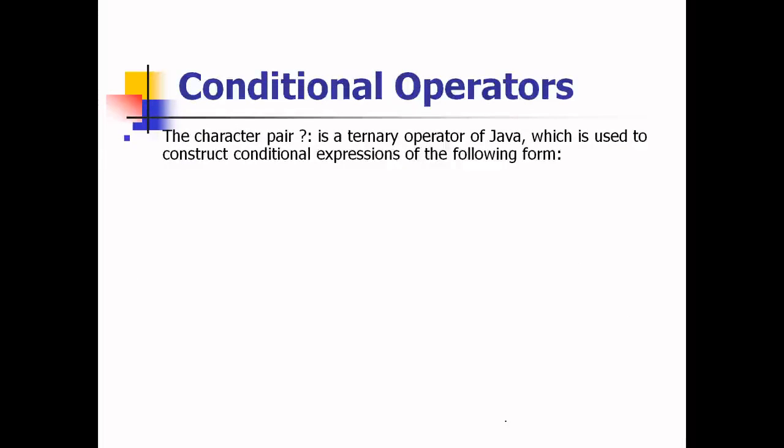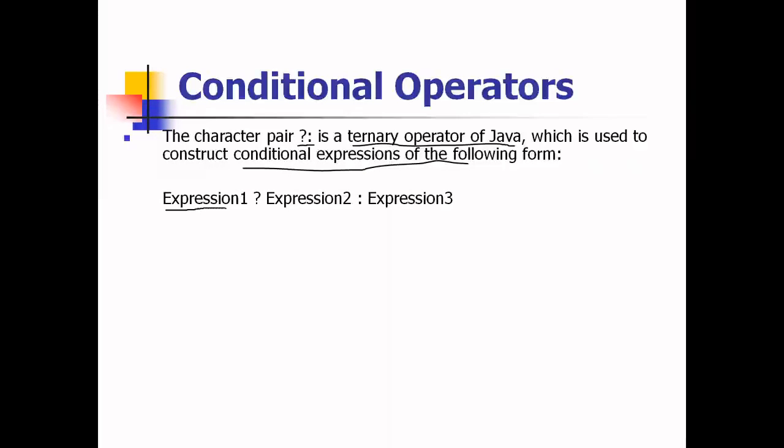The next operator is conditional operator. The character pair, that is question mark and colon, is a ternary operator in Java, or it is also called conditional operator, which is used to construct conditional expression of the form, that is expression 1 question mark expression 2 colon expression 3.